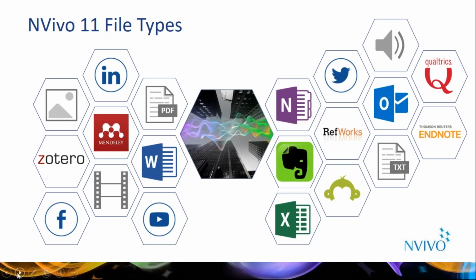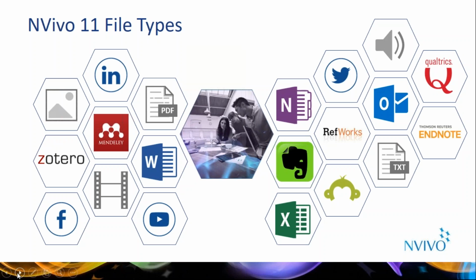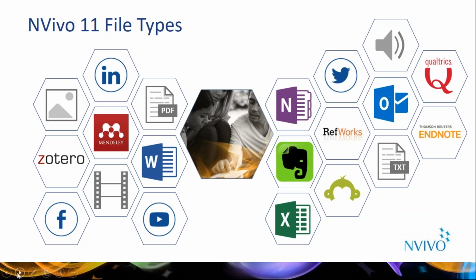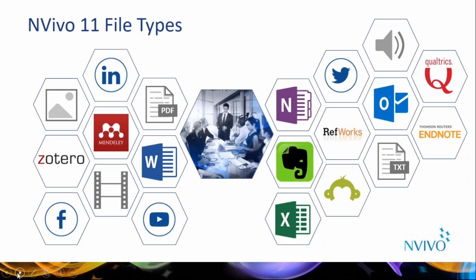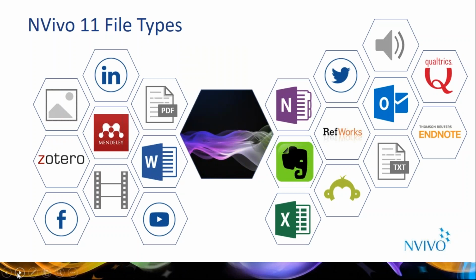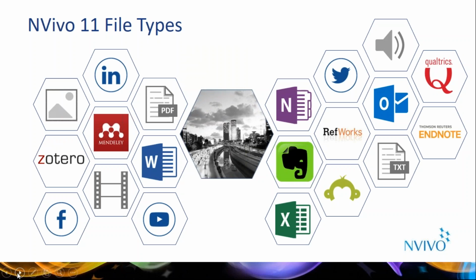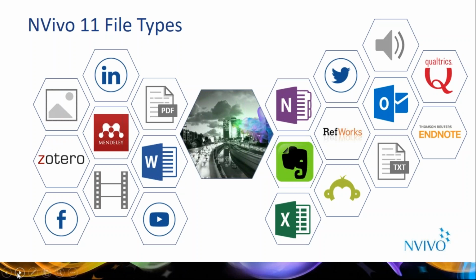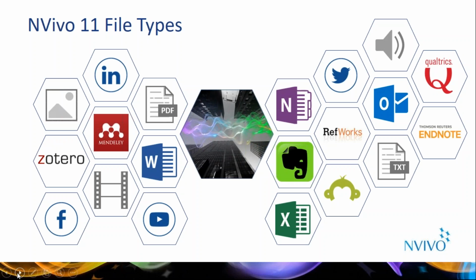In the Pro and Plus versions, they range from your traditional documents and PDFs to videos, audios, looking at pictures, and of course survey data that we will today, as well as being able to work with some bibliographic programs, including Zotero, Mendeley, RefWorks, and EndNote, and through NCapture that comes with NVivo, being able to work with web pages and especially with LinkedIn, Facebook, and Twitter data.